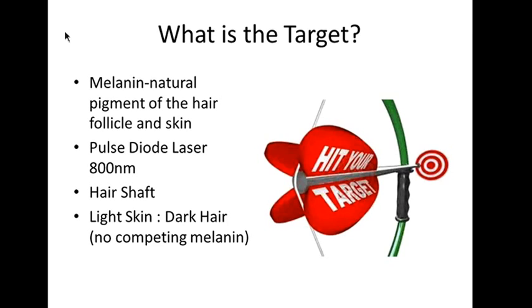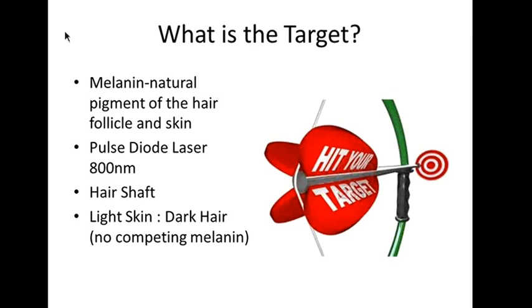So it's very important for our clients to know wherever they're going that we're using a laser that's going to hit the target. Now most of that pigment is concentrated in the hair shaft or hair bulb. We want to make sure that we have a laser that delivers the energy down to that target area so we can get our best hit rate.